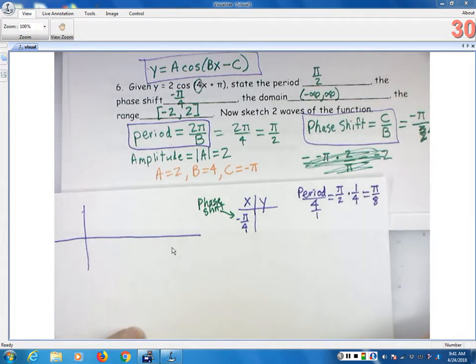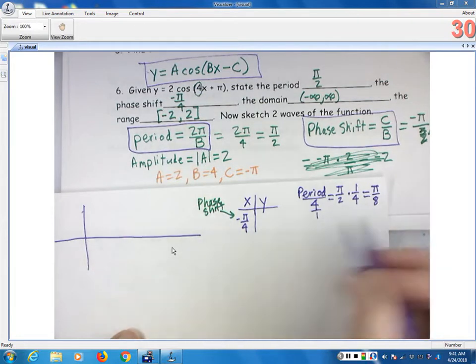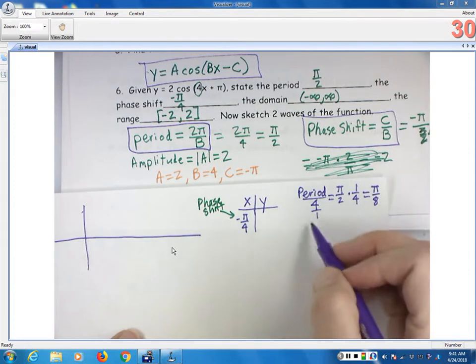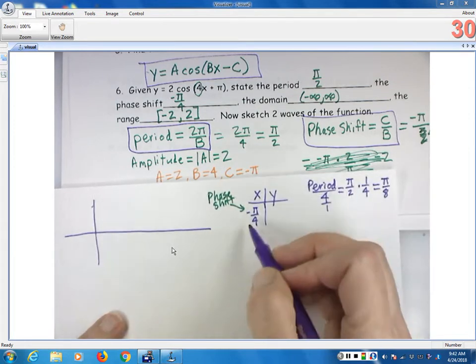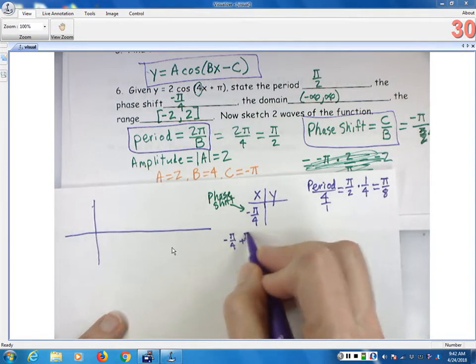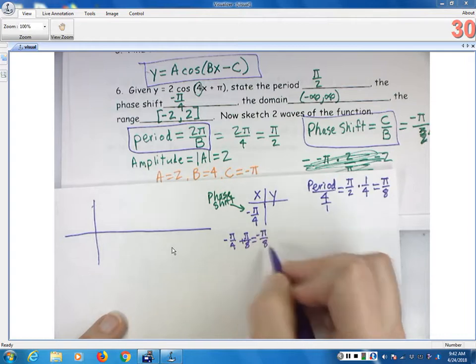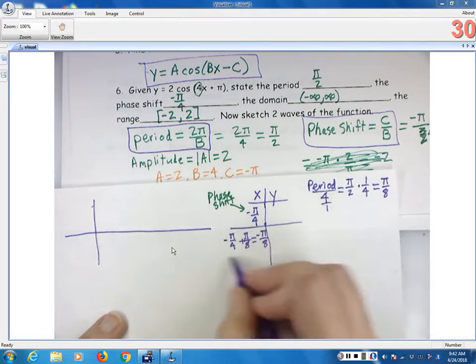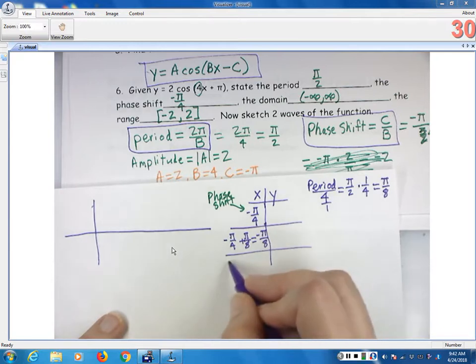Because of the 4, the period over 4 is pi over 8. That's what we add to this. The next x is going to be minus pi over 4 plus pi over 8. That's negative pi over 8. The next one is going to add another pi over 8, which is 0.